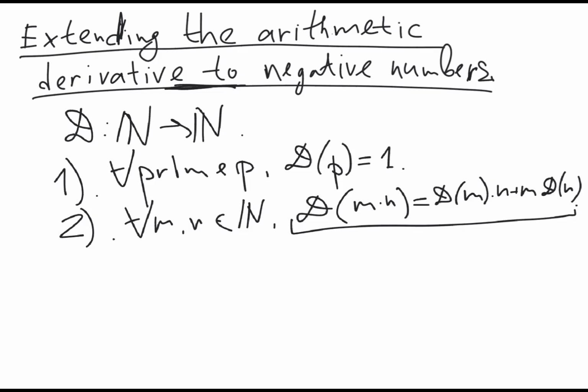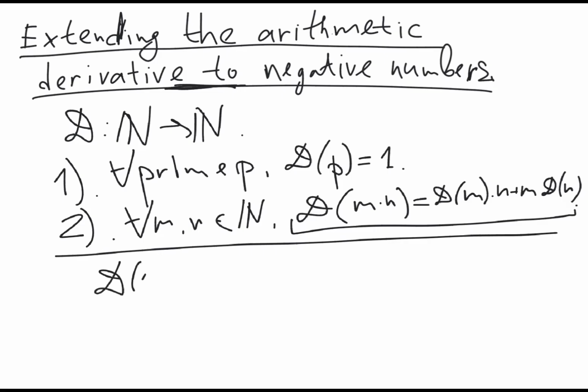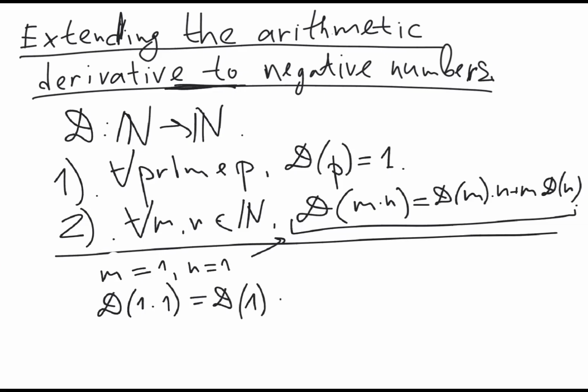First let's calculate what d of 1 should be equal to. If we set m equal to 1 and n equal to 1 in the product rule, then we get d of 1 multiplied by 1 is equal to d of 1 multiplied by 1 plus 1 multiplied by d of 1, right?